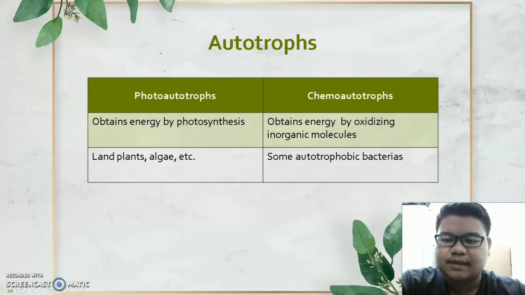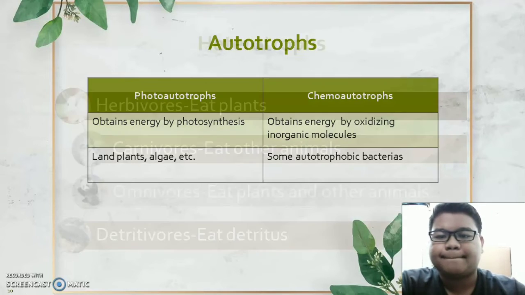Some examples are land plants and algae. The second group is chemoautotrophs. They obtain energy by oxidizing inorganic molecules. Some examples are autotrophic bacteria.